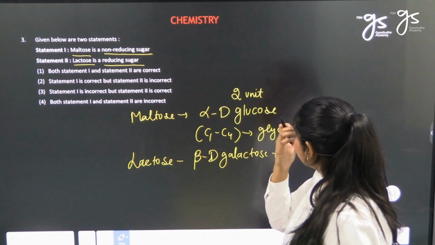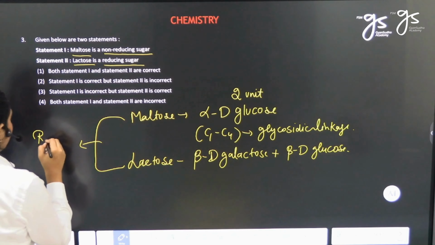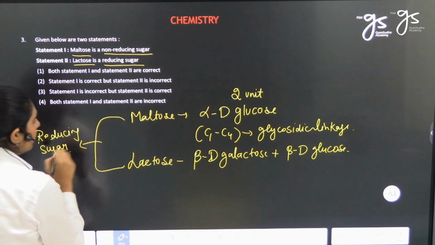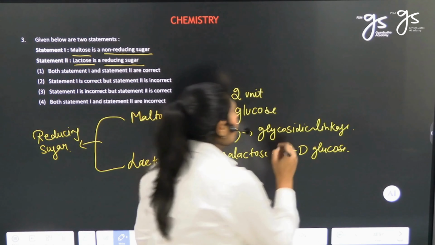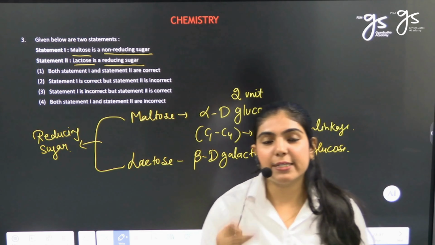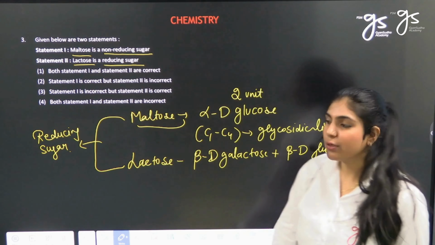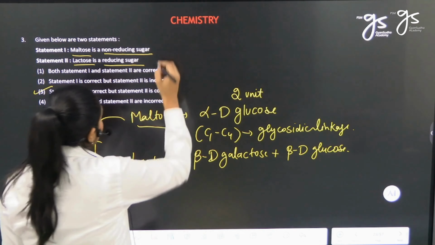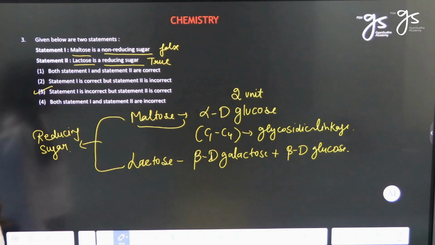So we see that maltose and lactose both are reducing sugars. Why are they reducing sugars? Because they have a free aldehydic group, which shows that they can be oxidized. So hence our statement number 3 will be correct, because statement 1 is false and statement 2 is true.